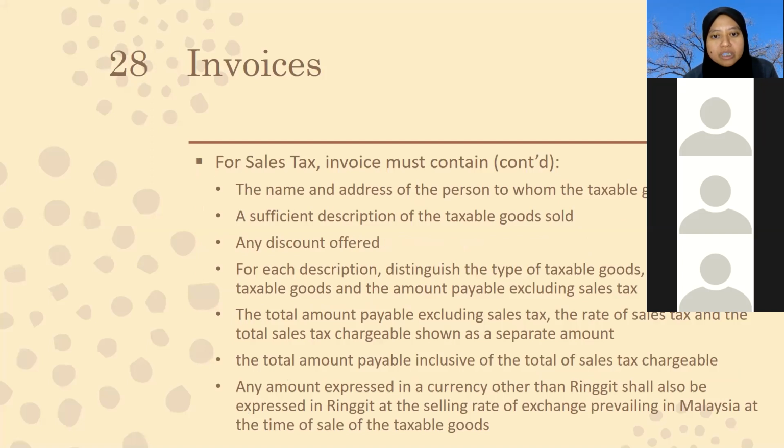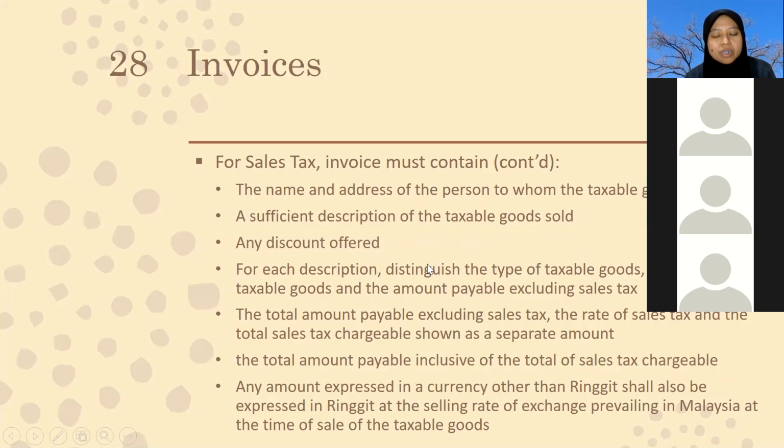Continuing here, the name and address of the person to whom the taxable goods are sold. So the name of the buyer must also be shown on the invoice. Sufficient description of the taxable goods sold. Any discount offered. For each description, distinguish the type of taxable goods, quantity of the taxable goods, and the amount payable excluding sales tax.